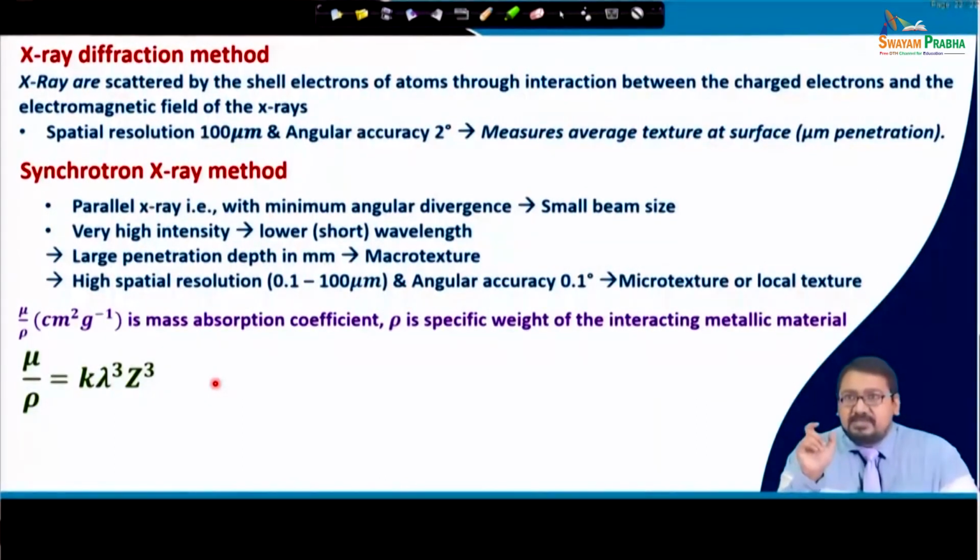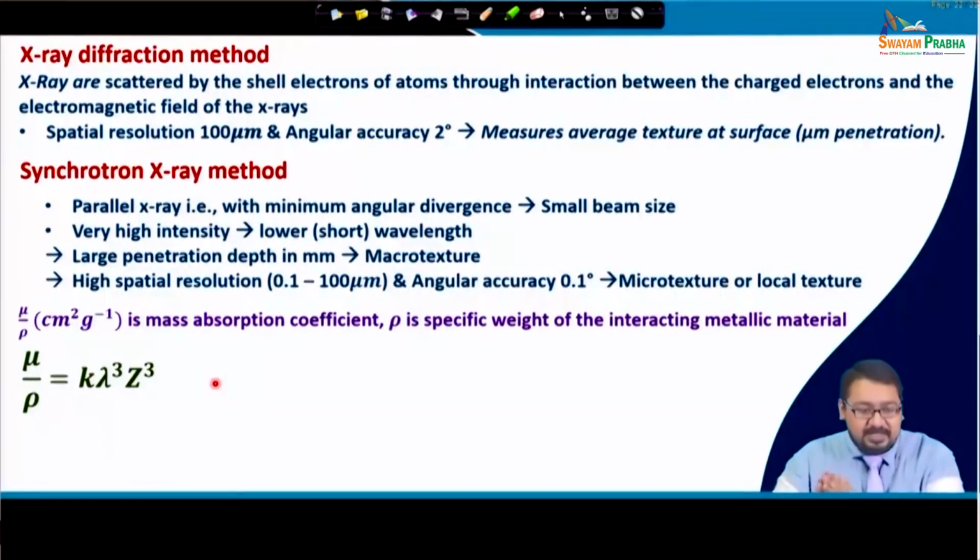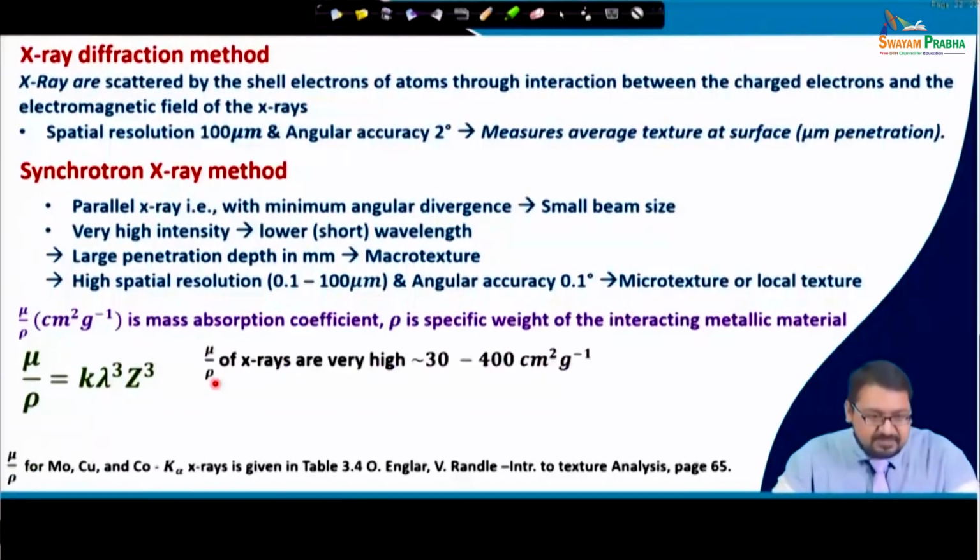K is a constant which is dependent on the type of radiation and on the interaction of that radiation. Say for example, X-rays interact with matter in a different manner than the neutron and then the electron. So K will be dependent on that kind of radiation.